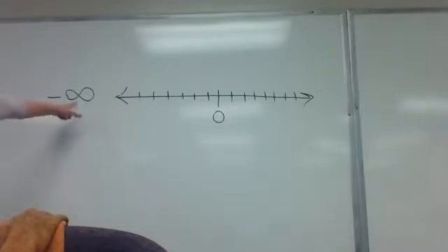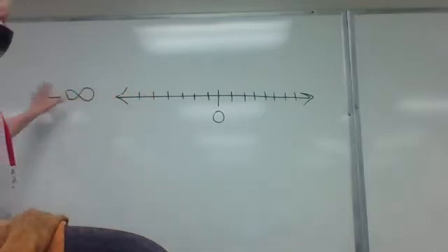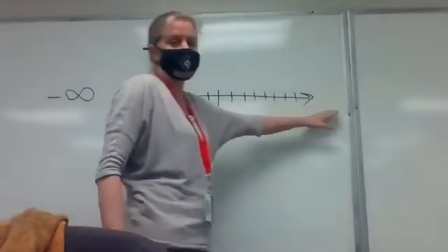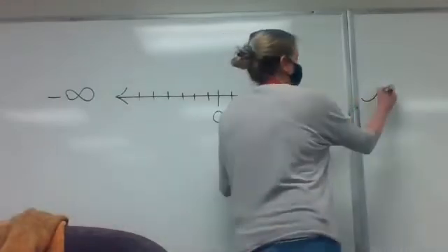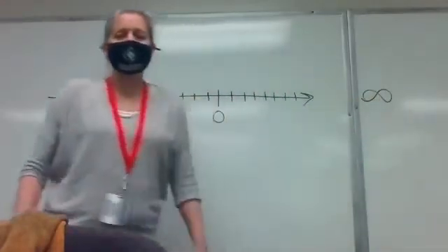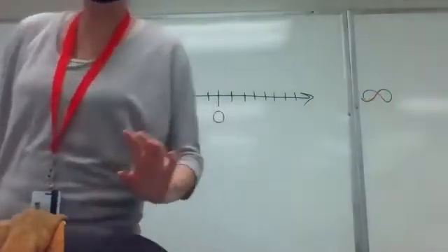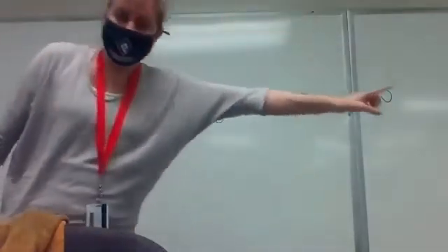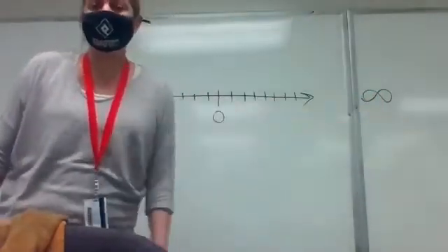And the symbol for infinity is this sideways looking 8. So it goes forever to the left to negative infinity, and it goes forever to the right to positive infinity. And again, infinity is not a number. It just means keeps going on forever and ever.